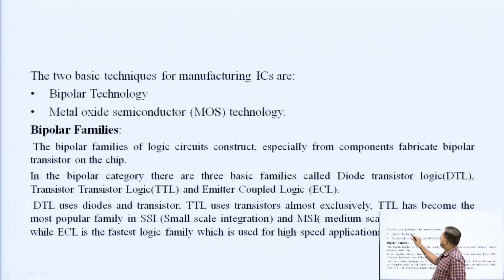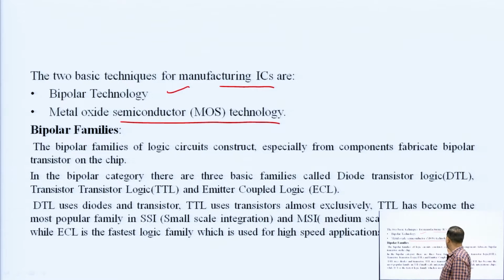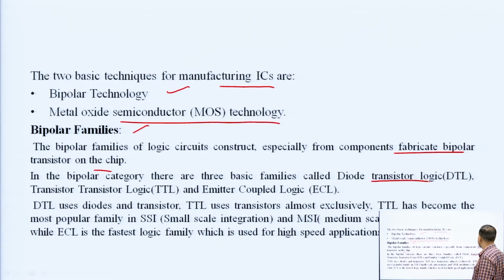Now, the two basic techniques we have seen in the chart are bipolar technology and metal oxide semiconductor MOS technology. What are the bipolar families? The bipolar families of logic circuits are constructed essentially from components fabricated as bipolar transistors on the chip. In the bipolar category there are three basic families, DTL, TTL and ECL.